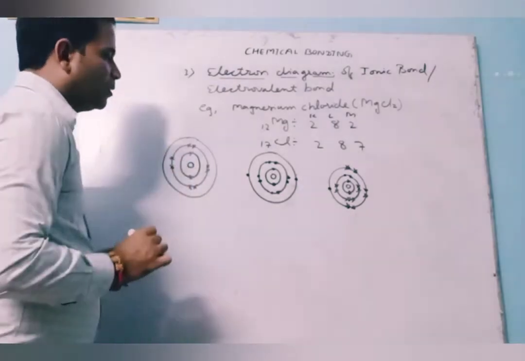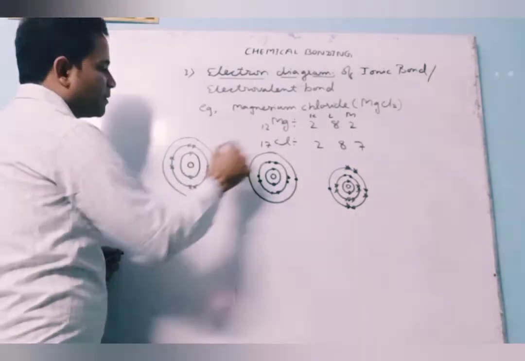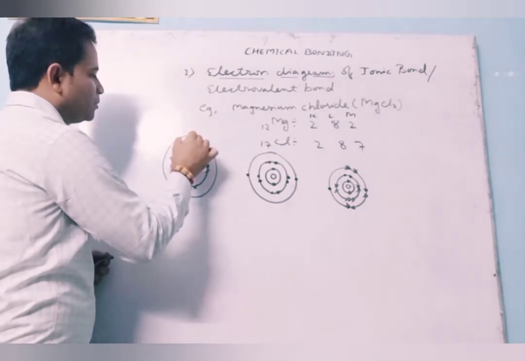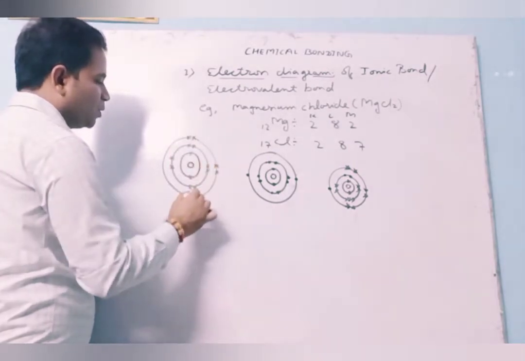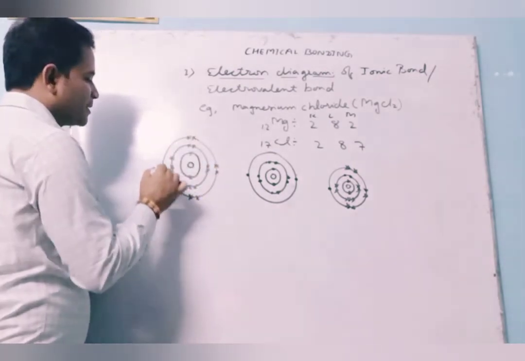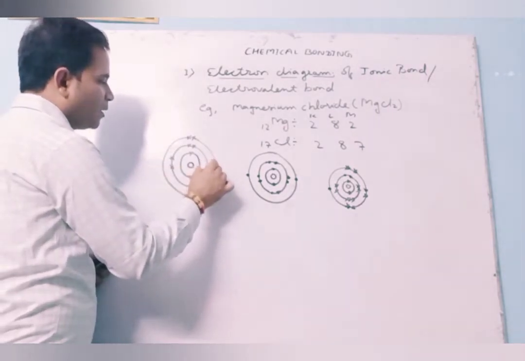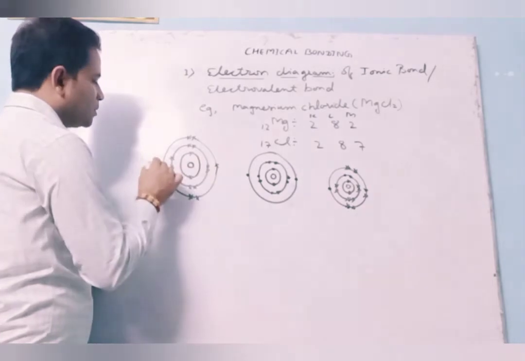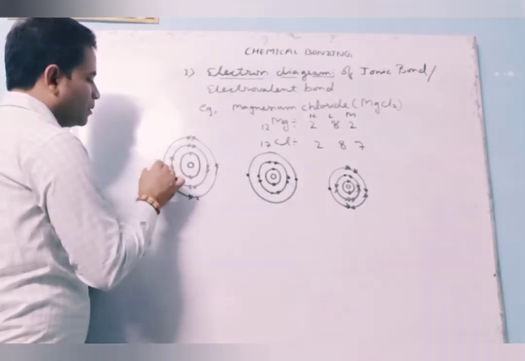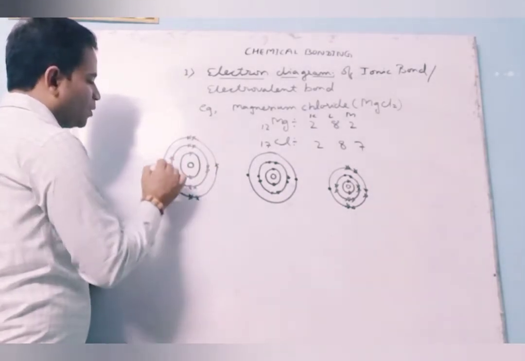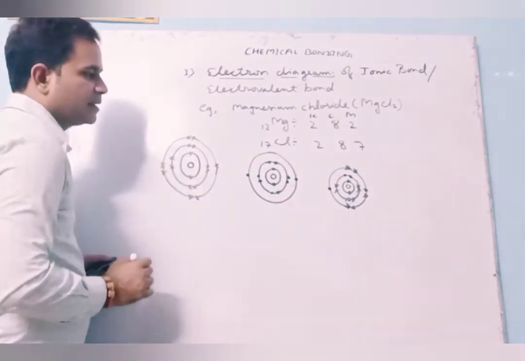Clear? Now outermost electron there is what? 7. So 2, 4, 6. Here you represent 1 so that it is easy to count: 2, 4, 6, 1, 7.